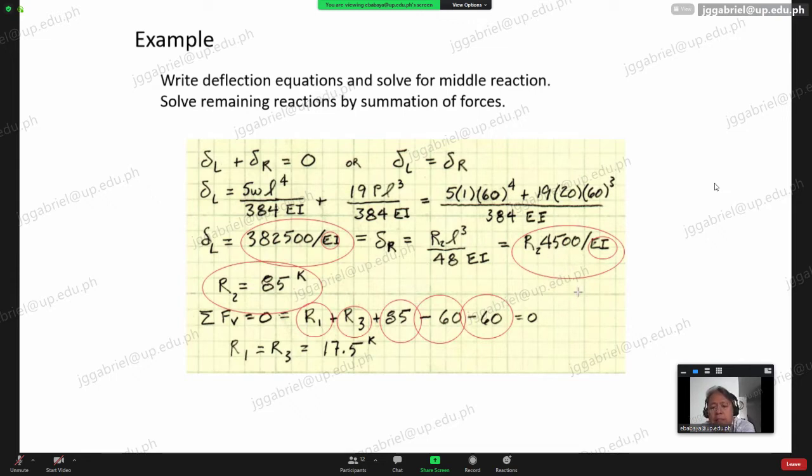R1 plus R3 equal to 35. But R1 and R3 are just equal. So that's 2R1 is equal to 35. So R1 is 35 divided by 2. So that's 17.5 kips. So equal sila. Ganun din yung R3. Okay? You get that?